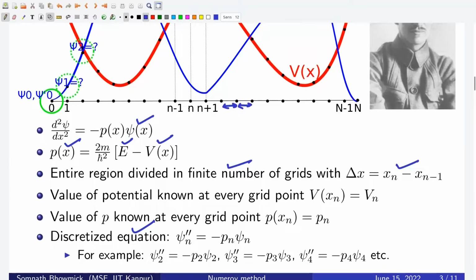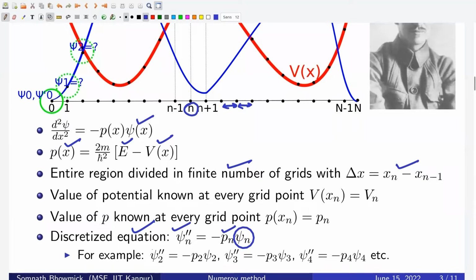For example, I can take some grid point n, say I take this grid point, and at this grid point, we can write this equation as psi n double dash, the second derivative of psi at the point n, is equal to minus Pn, the value of the function at point n, times psi n. This is the function at point n which we have to solve.